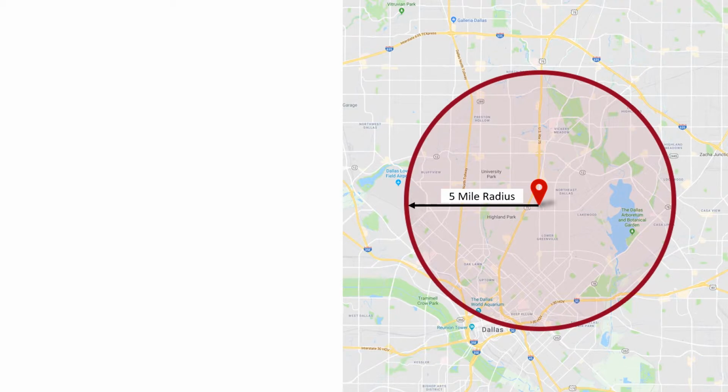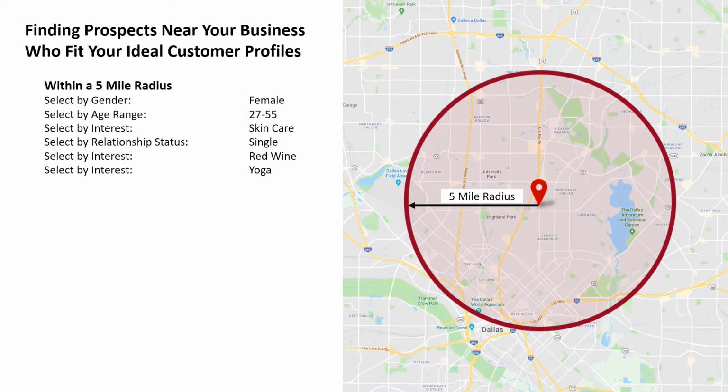Now, our data suggests that for skincare businesses, 5 miles is a reasonable distance to expect someone to drive for your service. Let's look at a 5-mile radius, and we're going to slice up the data even more finely in this instance. So now let's talk about females aged 27 to 55 who are interested in skincare, who are single, who like red wine, and who are interested in yoga.